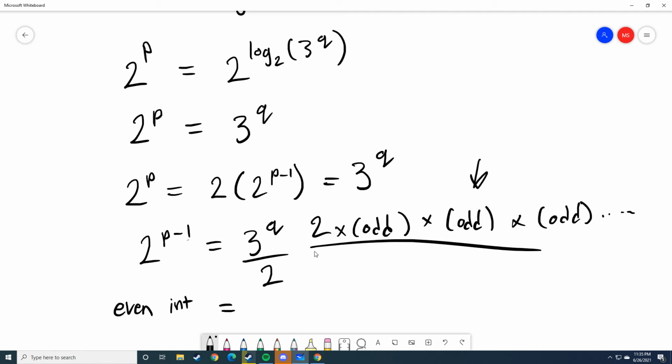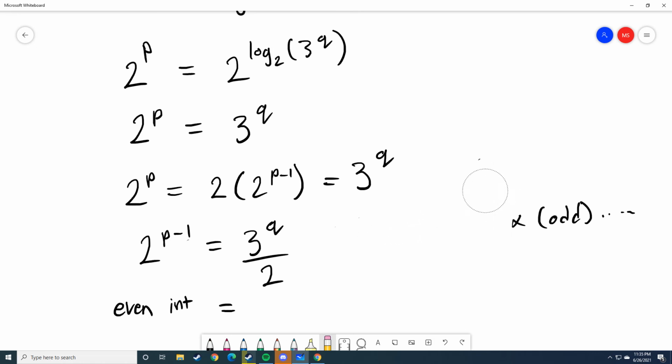So because we have a bunch of 3's multiplied together, we're going to get an odd number. So we have an even integer on the left-hand side is equal to an odd integer over 2.